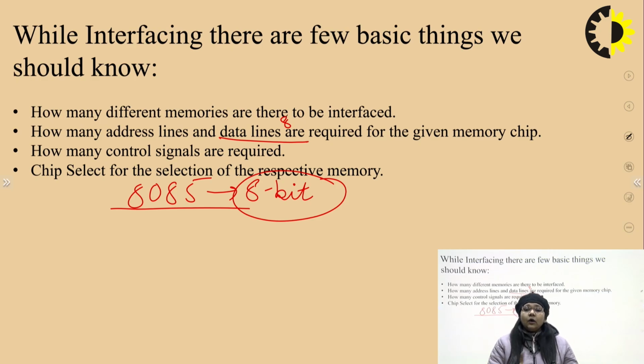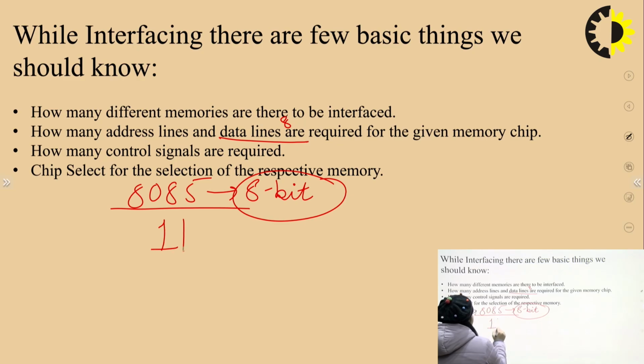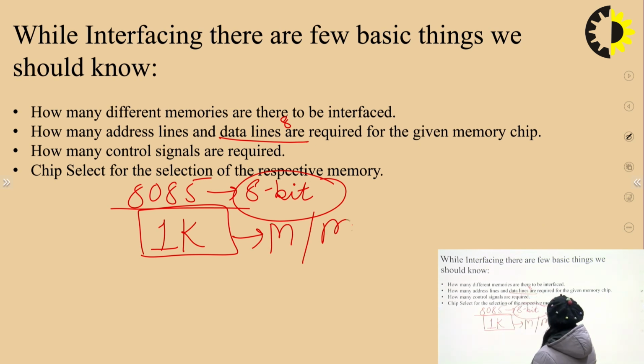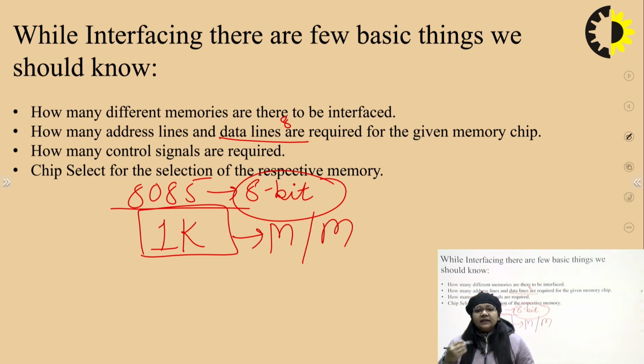That depends on the memory on which we have to work. For example, the memory given is of 1K. If I write 1K in terms of 2 raised to power, it will be 2 raised to power 10.